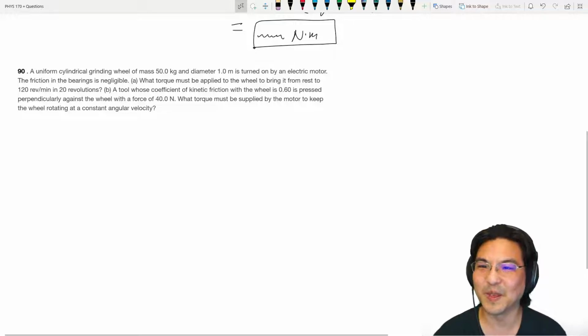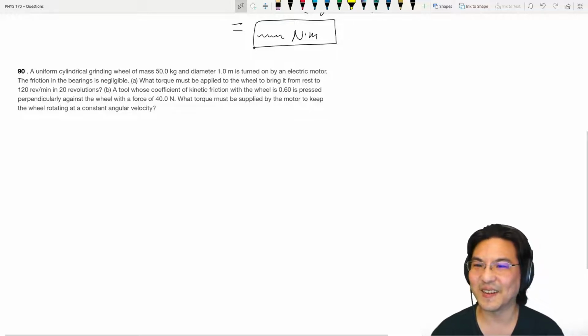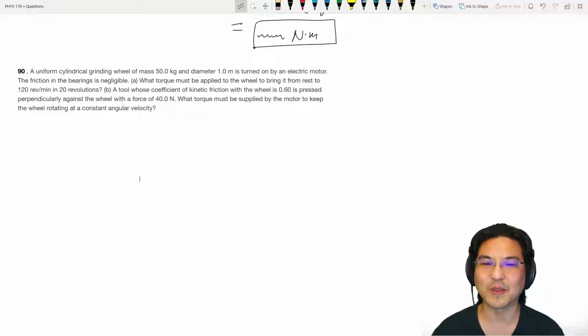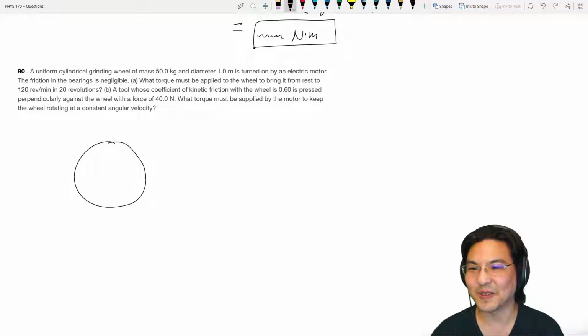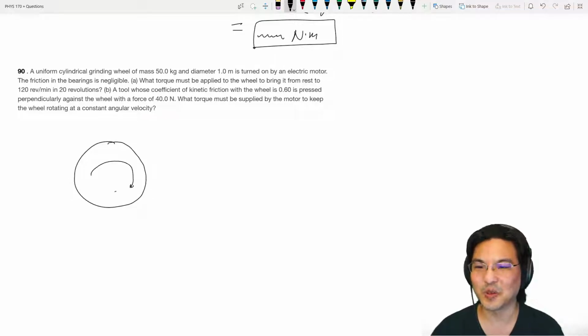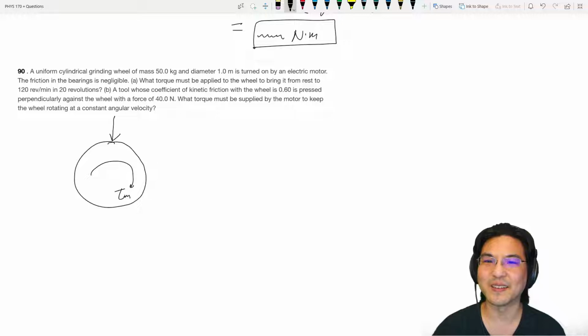Okay, part B. So now there is a tool with kinetic friction. Oh, I see. So here's our cylinder. There's some motor torque, which is unknown, but now we're pressing a tool against that grinding wheel.